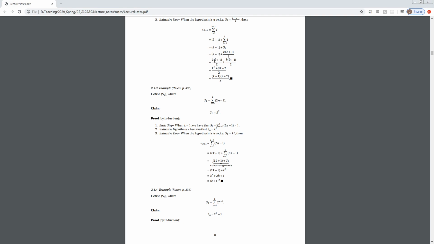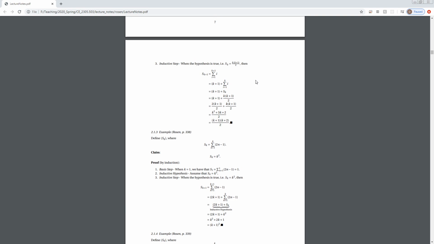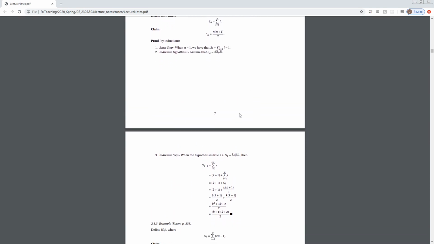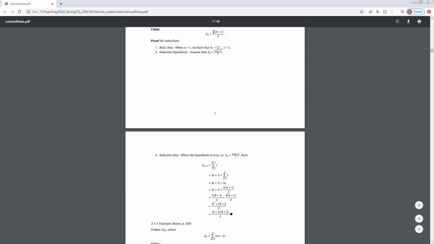You multiply the top and bottom by 2, and now you have a common denominator. You can push them together, and now you have k plus 1 times k plus 2 over 2. We wanted to prove that this summation index, which coincides with the upper limit of our sum, can just be pulled out and stuck into the formula for n.